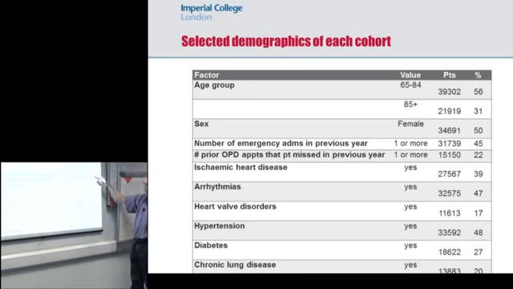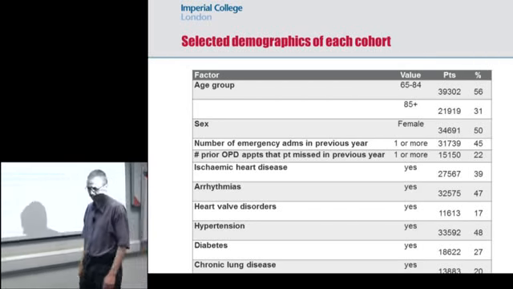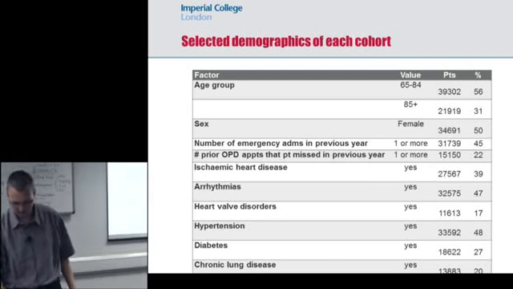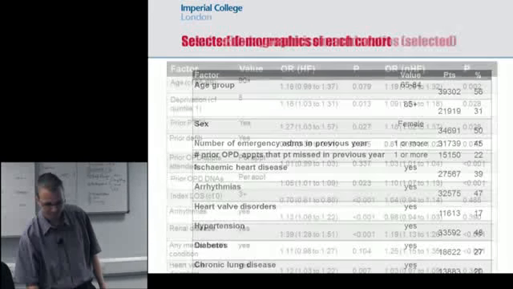And contacts with the health service are also very common. Half have had at least an emergency admission in the previous year. Lots of them have missed appointments in the previous year as well. And comorbidities are pretty common: lots of other kinds of heart disease, diabetes, lung disease. So these are old, sick people.